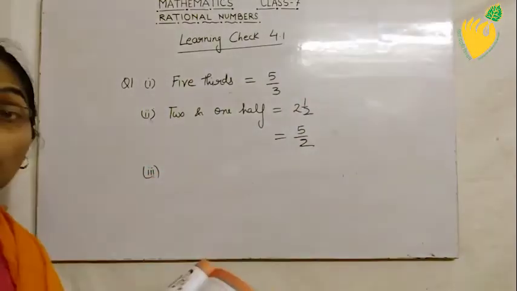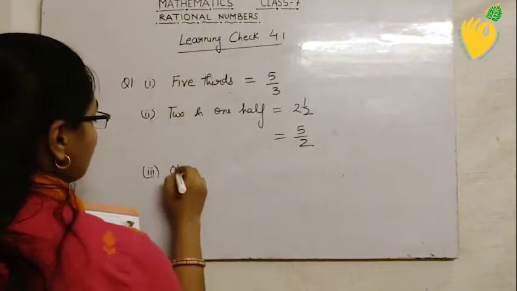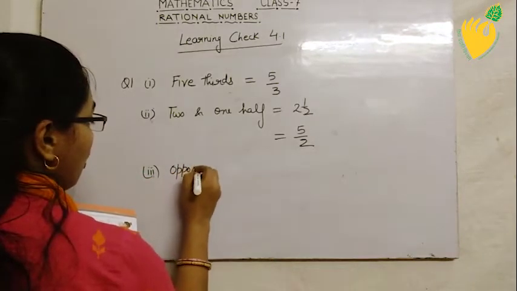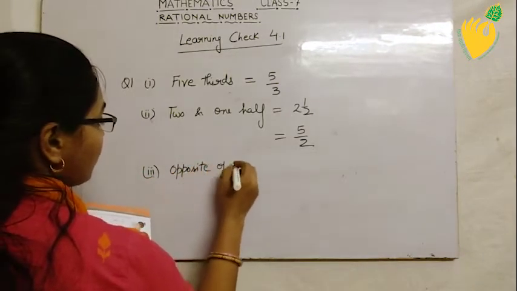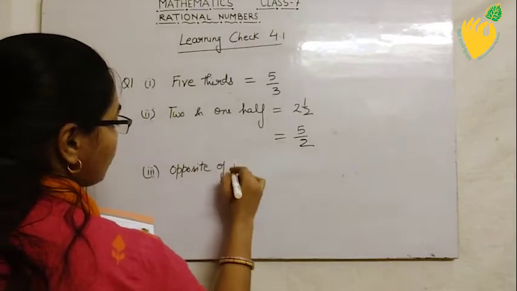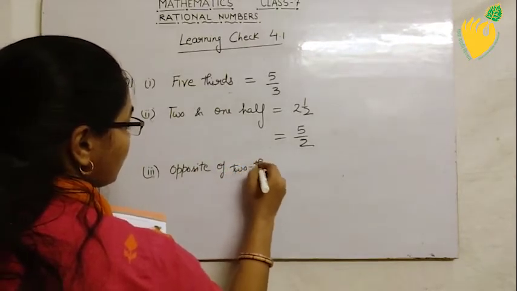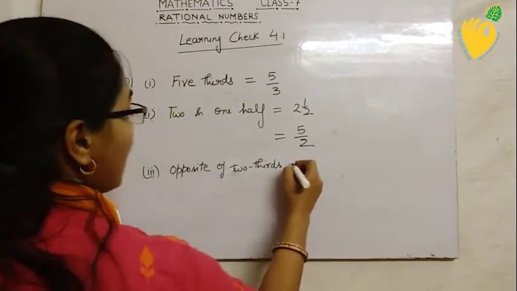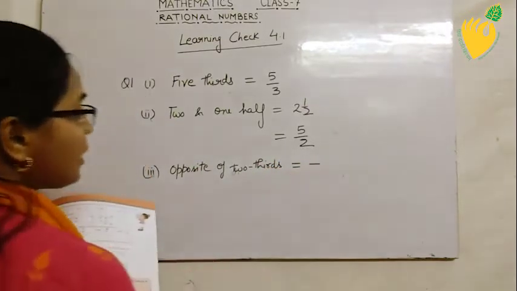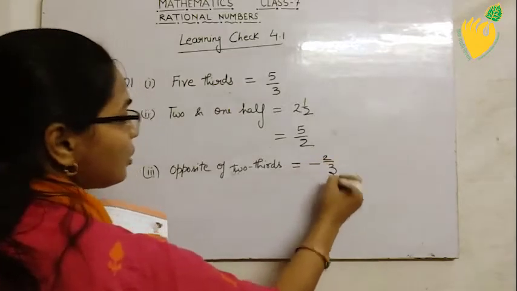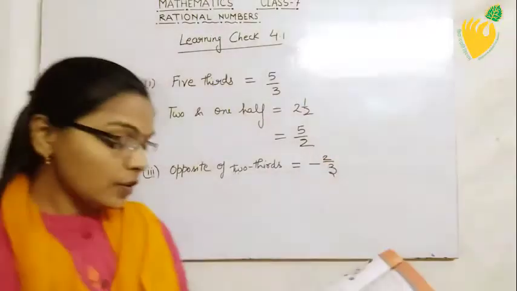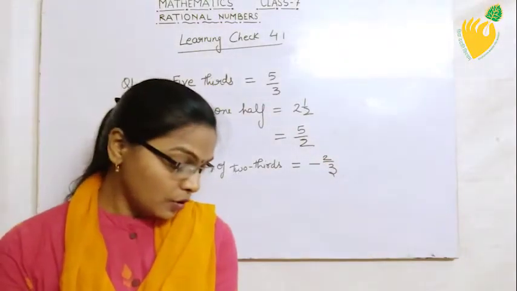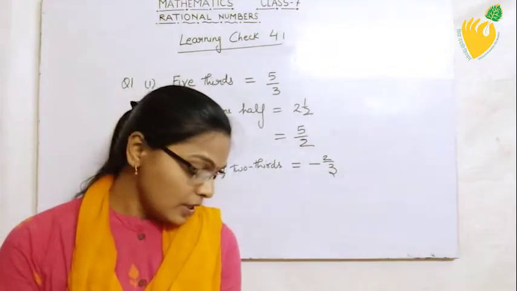Next is opposite of 2/3. That is, students, opposite means the negative sign of 2/3. You can do the rest of the parts of question number 1.